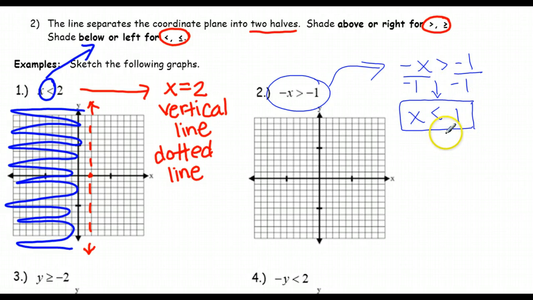This is very similar to problem number 1. This is also going to be a vertical line, and it is also going to be dotted. So it's a vertical dotted line going through 1. On the x-axis, we're going to plot 1, and we're going to draw a vertical dotted line, or dashed.